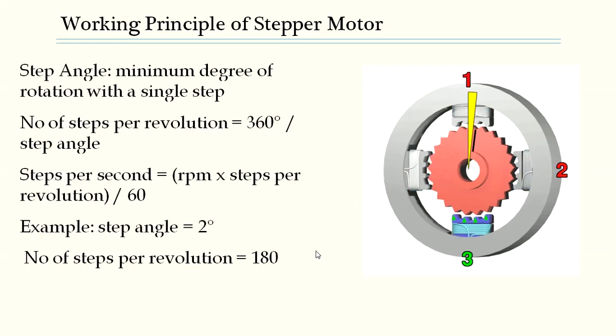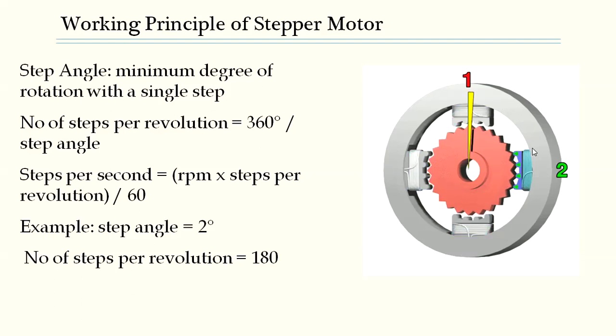Now the most important concept here is the step angle. As we can see here, there are two teeth, and between the two is what we know as the step angle. So what is step angle? It's the minimum degree of rotation in a single step.